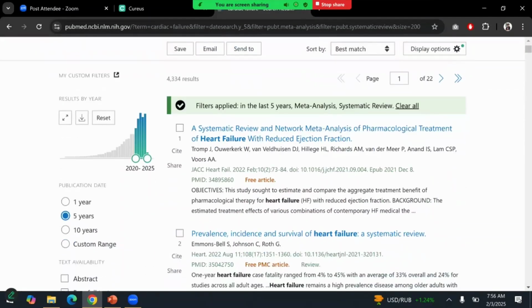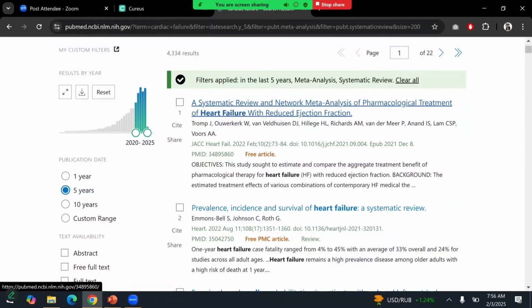This is pharmacological treatment of heart failure with reduced ejection fraction. So one concept is pharmacological treatment, and second is heart failure with reduced ejection fraction.